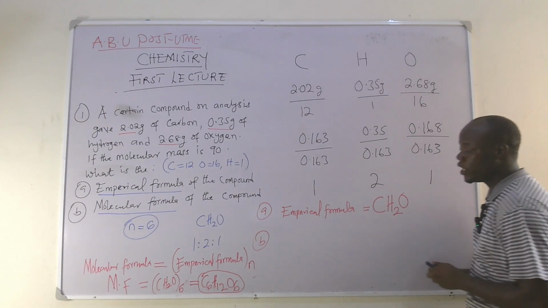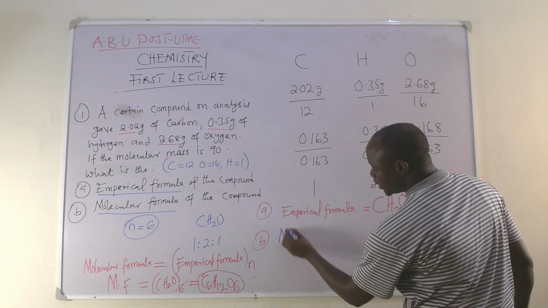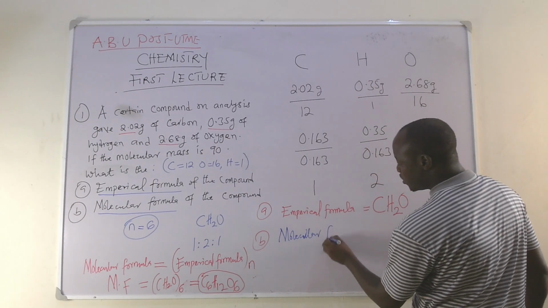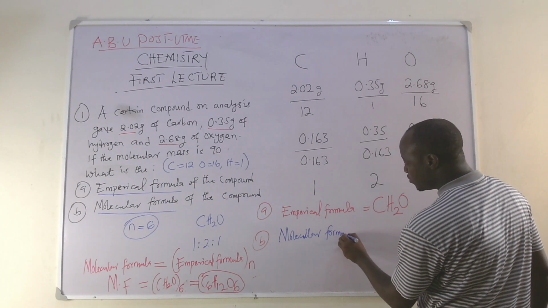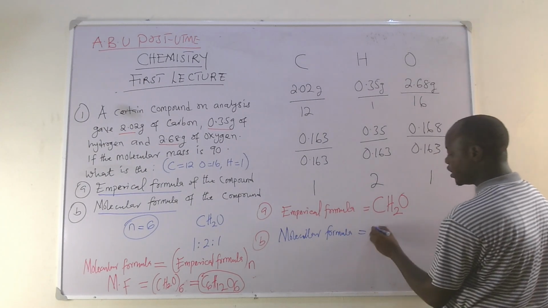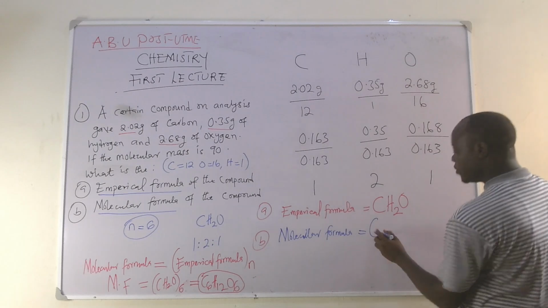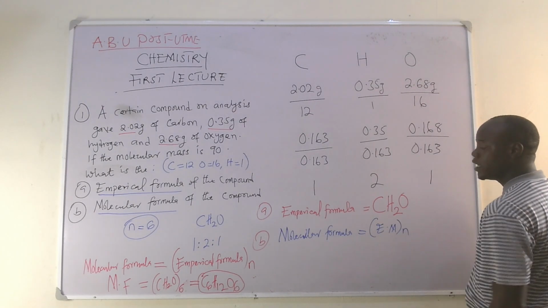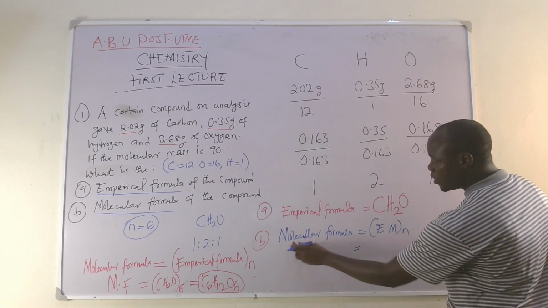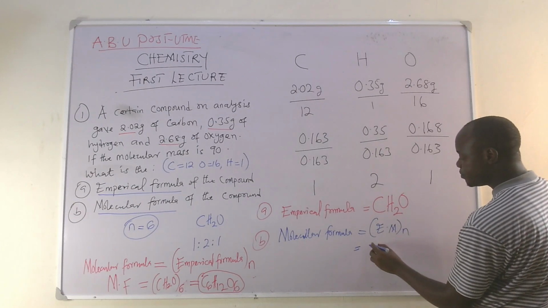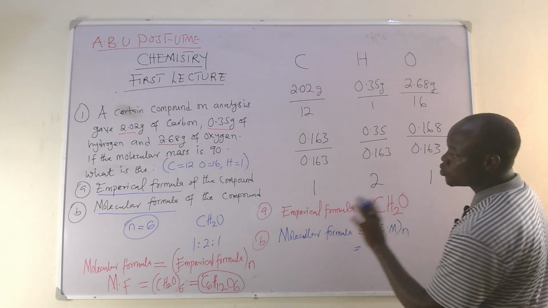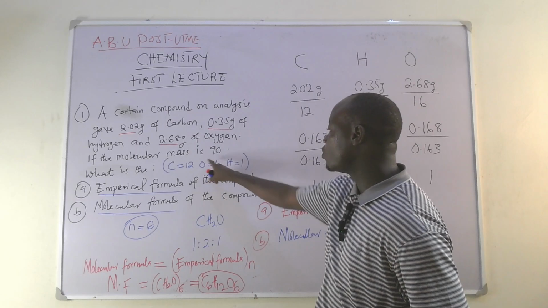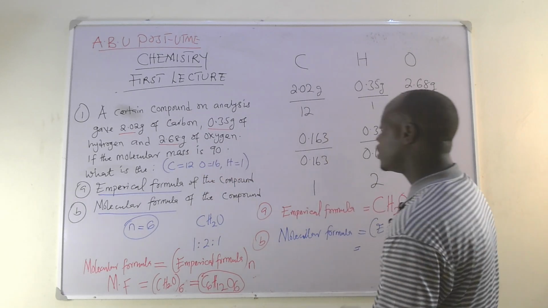To calculate the molecular formula, it's simple. We are now going to say molecular formula is equal to EM, where EM means empirical formula, times N. The question is already giving us 90, the molecular mass of the compound.